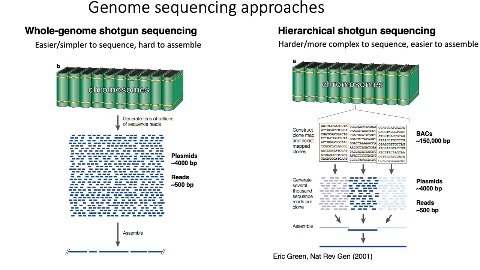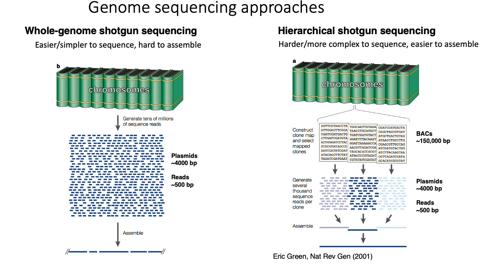On the other hand, an older style approach is what's called the hierarchical shotgun sequencing approach. That approach is a little bit more structured, in the sense that you take your original genome sequence and first divide it into larger fragments, called bacterial artificial chromosomes. These larger fragments tend to be on the order of 150 kb to 350 kb.